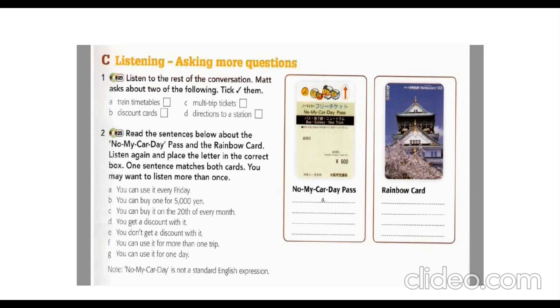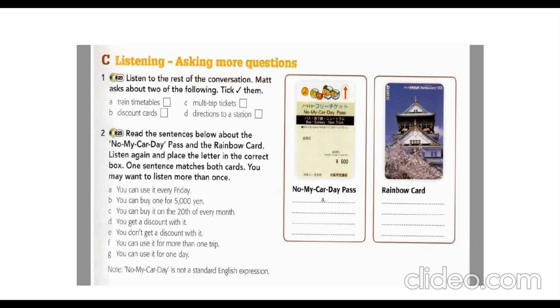Okay. But if you travel every day, you can get the prepaid Rainbow Card. You cannot get a discount with it, but it's very useful because you don't need to buy a ticket before you get on the train. So, how often do I need to buy a Rainbow Card? Not each morning, perhaps only once a week. Okay. So, for example, on Monday, you can buy a 5,000 yen Rainbow Card.